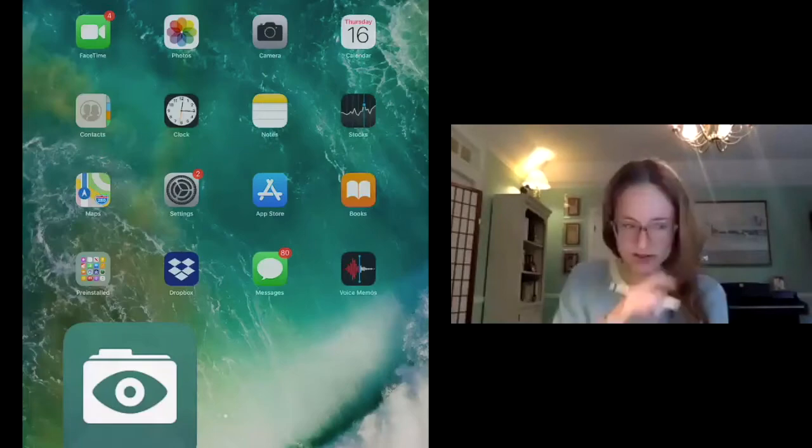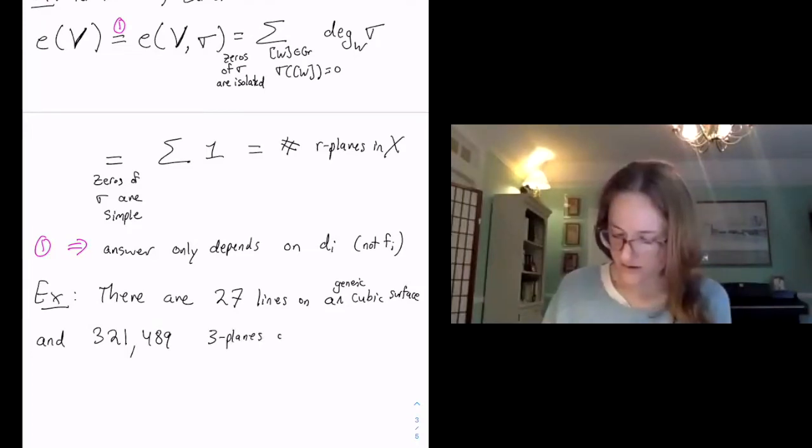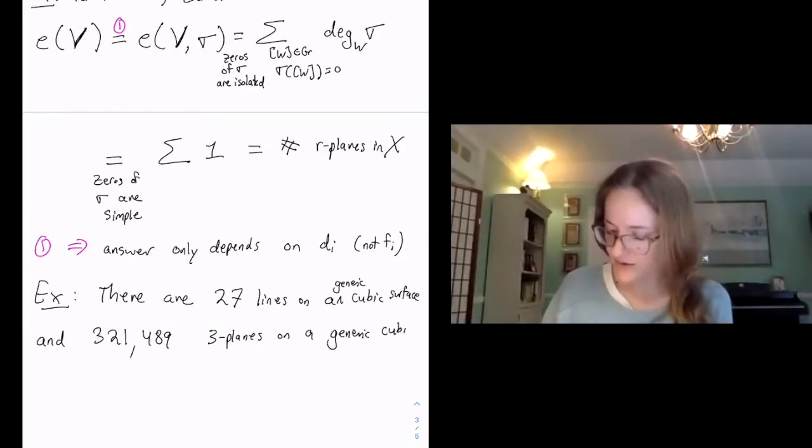To go up some dimensions, which means we won't look at it, but there are also, for example, 321,489 three planes on a generic cubic 7-dimensional hypersurface.